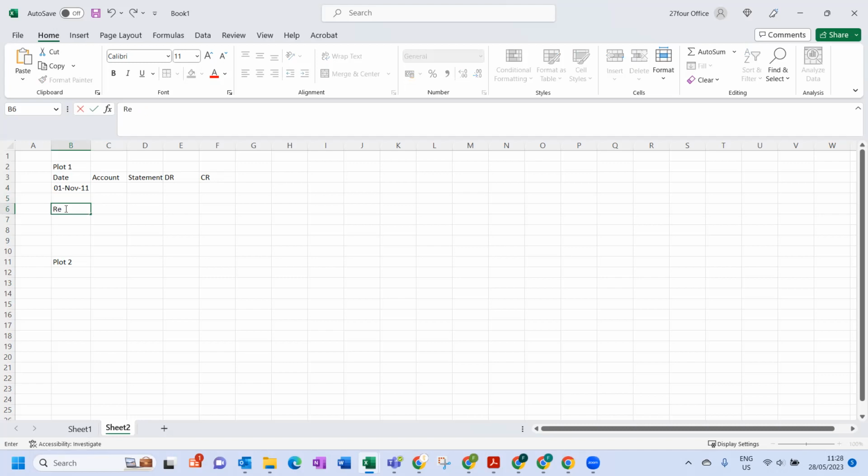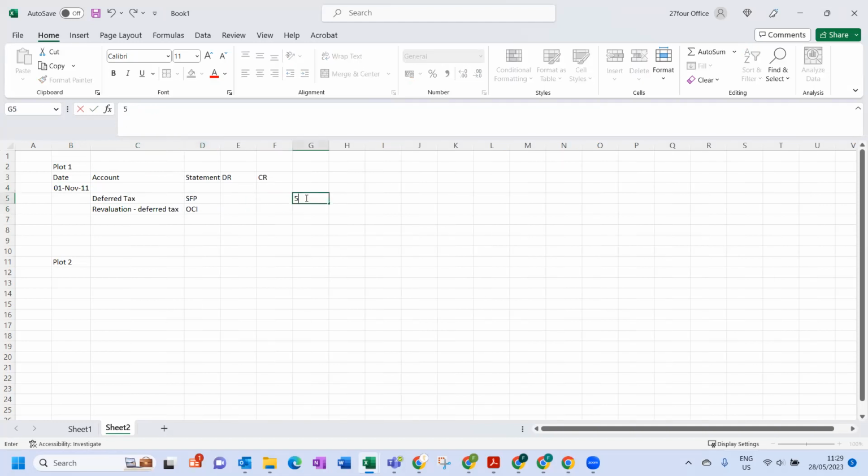So we'll say credit revaluation, and this is going to go to OCI, and then we will have a debit over here, which is going to be to deferred tax SFP. So what is it going to be? It is going to be the loss.